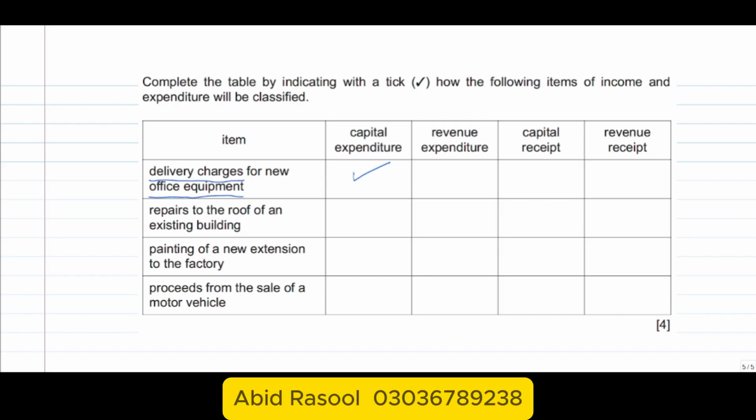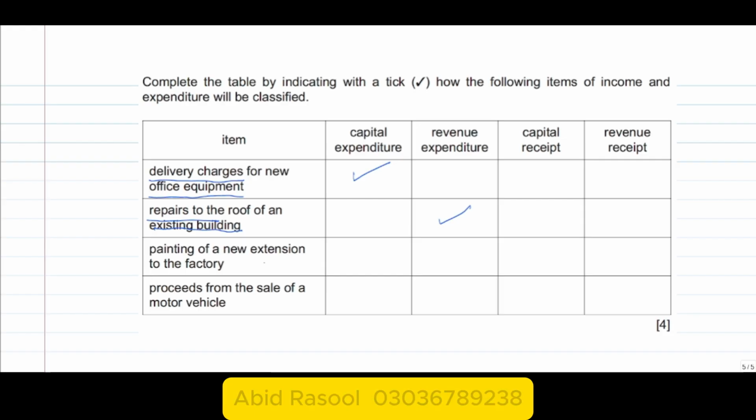Then repairs to the roof of an existing building. We have a building and we are repairing it. Repairing a non-current asset is a frequent expense, and it can happen more than once in a year. So it is a revenue expenditure. Then painting of a new extension to the factory.